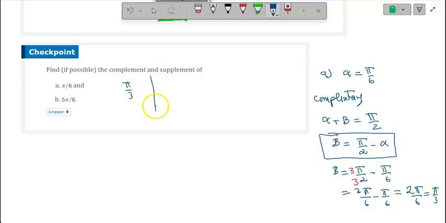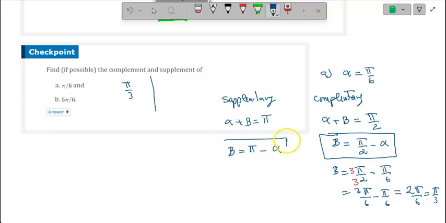All right. Now, if I'm going to do the supplementary, again, alpha plus beta is going to equal pi. So beta, by consequence, is going to equal pi minus alpha, right? So this is the formula I'm going to be using from now on.